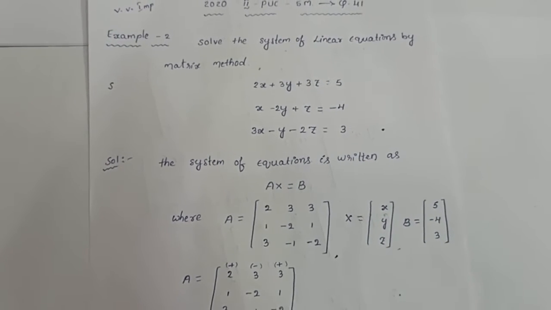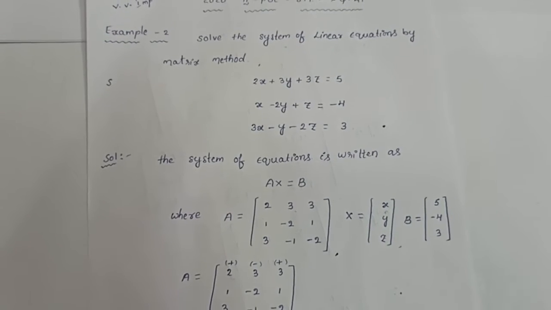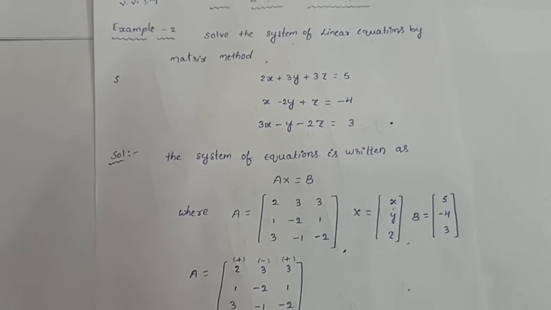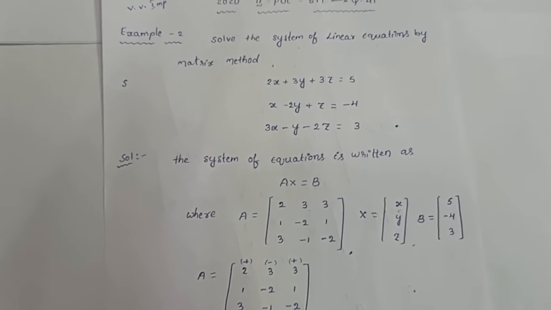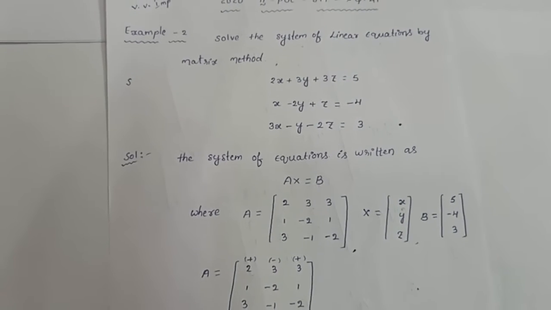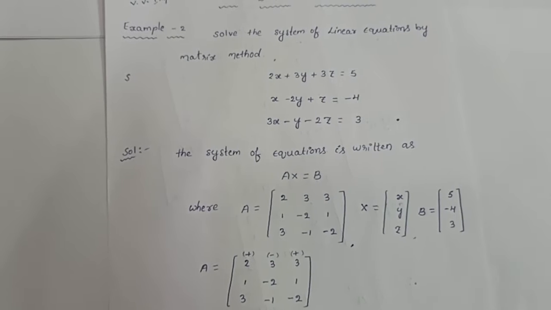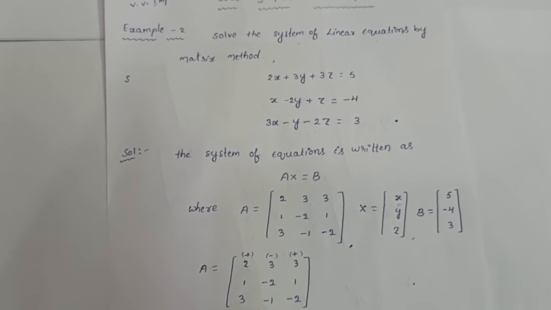Solution. The system of equations is written as AX equal to B, where the matrix A is equal to 2, 3, 3, 1, minus 2, 1, 3, minus 1, minus 2. This is that 3 by 3 matrix, 3 rows and 3 columns.